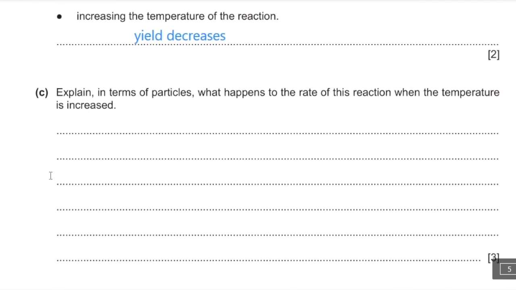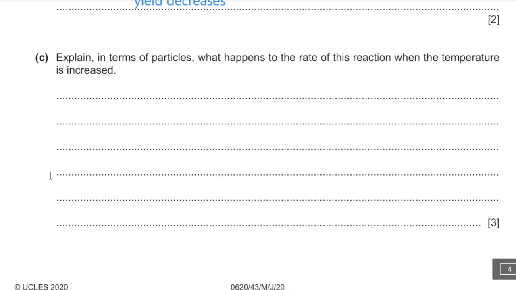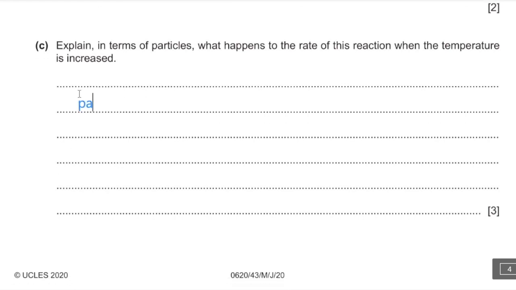C. Explain in terms of particles what happens to the rate of this reaction when temperature is increased. So an increase in temperature results in particles gaining kinetic energy, which means they move faster.